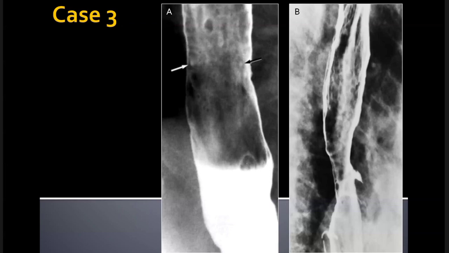In the second image, showing the gastroesophageal junction, there is a small stricture within the distal esophagus, along with mucosal granularity, and a small outpouching at the level of the gastroesophageal junction. However, there is no extravasation of the contrast.